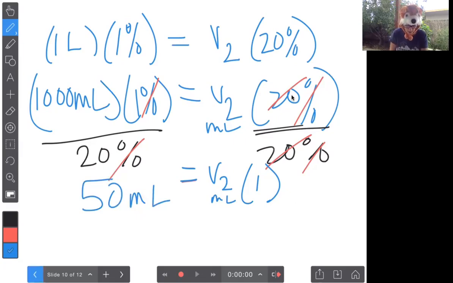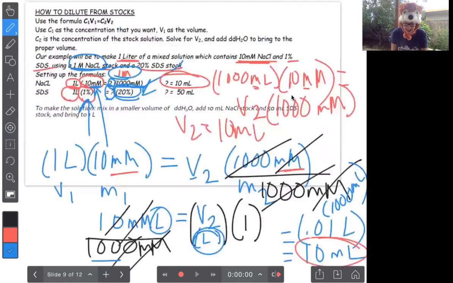Okay, back. There we are, 50 mLs. So then what do we have? We have 10 mLs of our sodium chloride stock solution, and we have 50 mLs of our SDS stock, and then we bring it up to a liter.